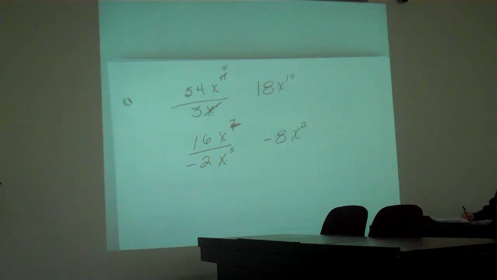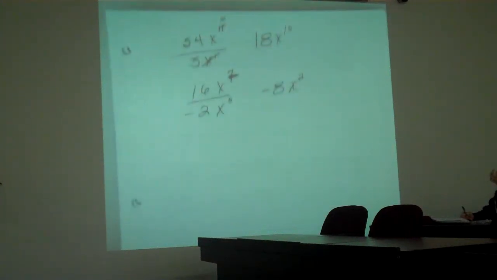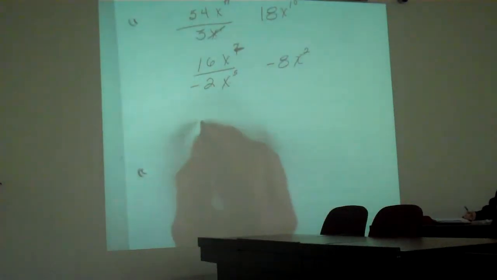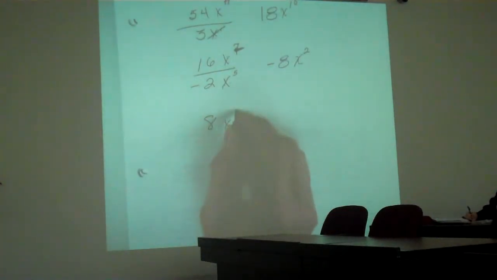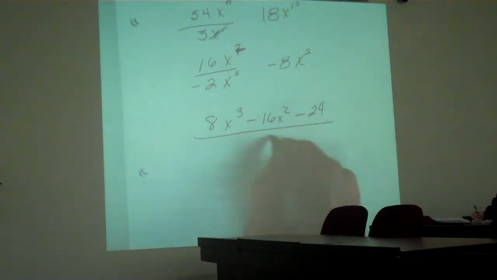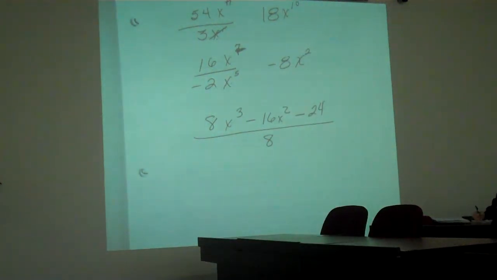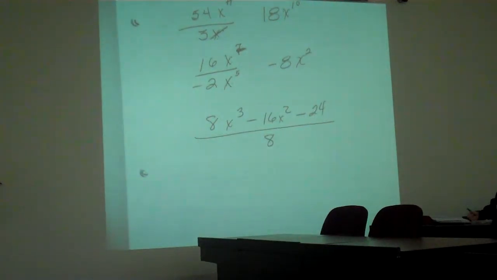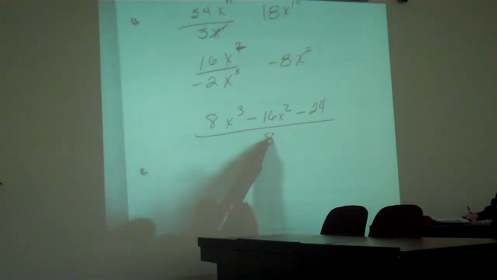Okay, let's do one where it's got more than one term on top. Let's say you have 8x cubed minus 16x squared minus 24 divided by 8. What you're going to do here, you're going to divide 8 into each one of these. 8x cubed divided by 8 is what?